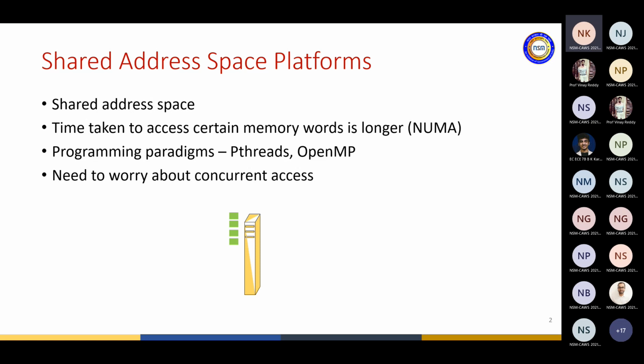To the OS, it's just one memory address space, so every process or thread can access any memory in the node. However, one thing to note in today's architecture is that the time to access certain memory words may be longer, and I'll talk a little about that.